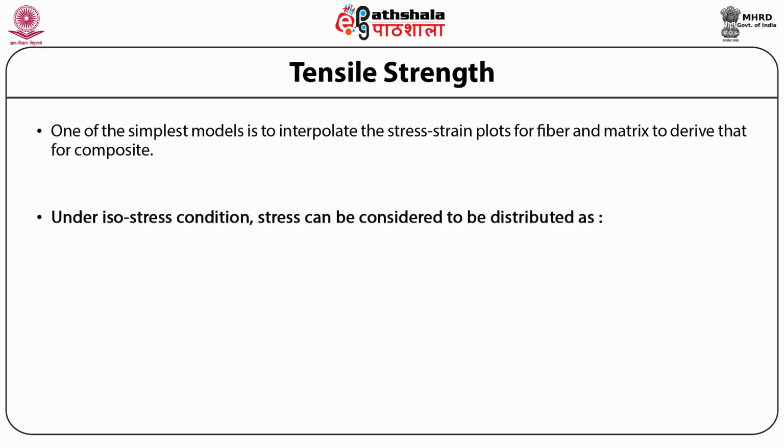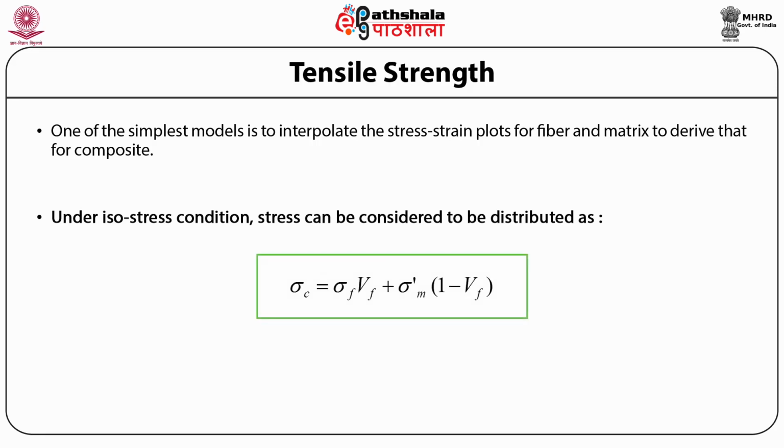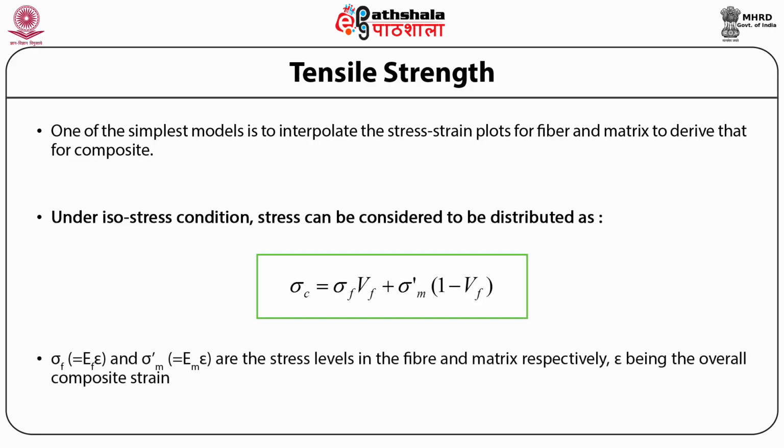Under isostress condition, stress can be considered to be distributed as sigma C is equal to sigma F V F plus sigma m prime multiplied by 1 minus V f, where sigma f is equal to E f epsilon and sigma m prime is equal to E m epsilon are the stress levels in the fiber and the matrix respectively.